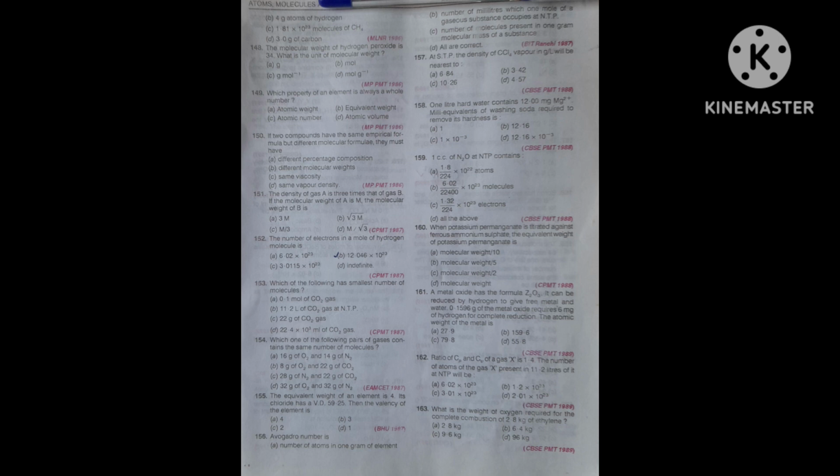Sodium carbonate means washing soda. Mg2 plus Na2CO3 gives MgCO3 plus 2Na. This is a neutralization reaction. By this you can calculate that magnesium will neutralize the sodium carbonate.